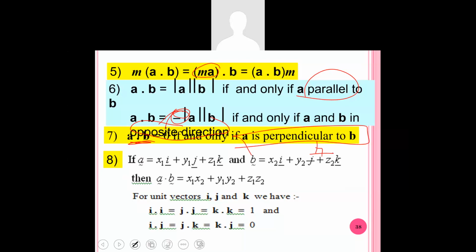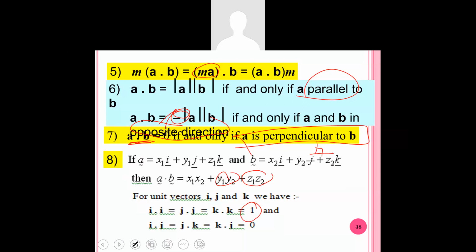Then lastly, if the vector A is equal to xyz, and also B, the dot product would equal the x multiplied by the x's, the y multiplied by the y's, and the z multiplied by the z's, and add them all up. For unit vectors i, j, and k, we have i dot i equal to j dot j equal to k dot k, and it must equal 1.